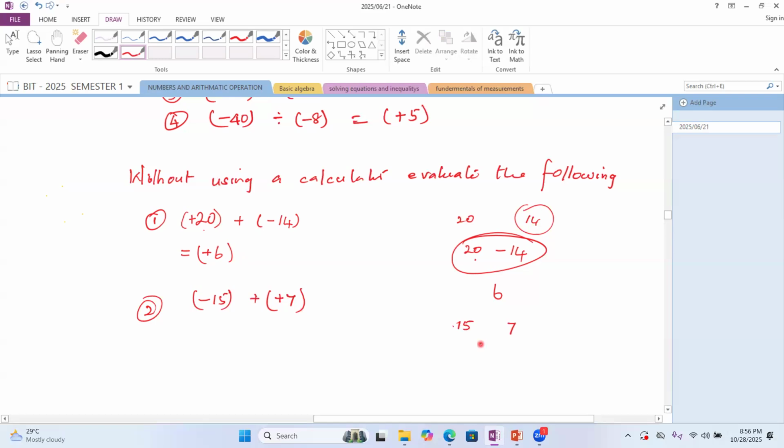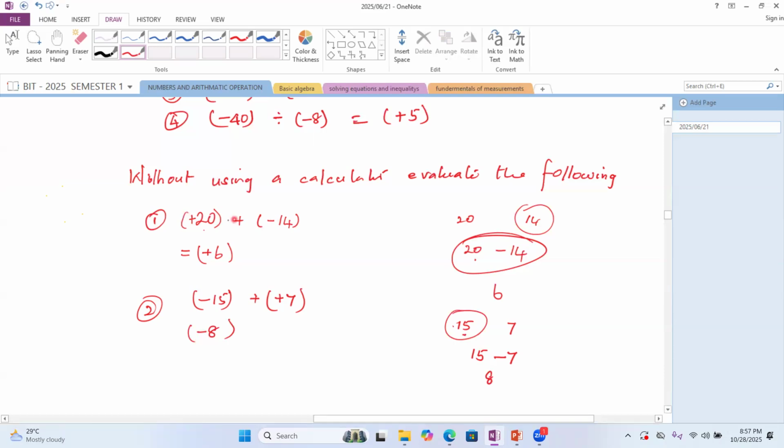So we subtract the smaller value from the highest. 7 is subtracted from 15, we get the result 8. The highest value is 15. What is the sign? Negative. So we put the negative.